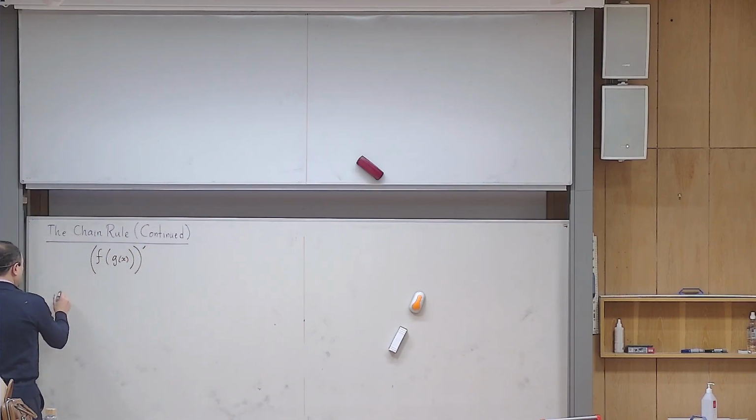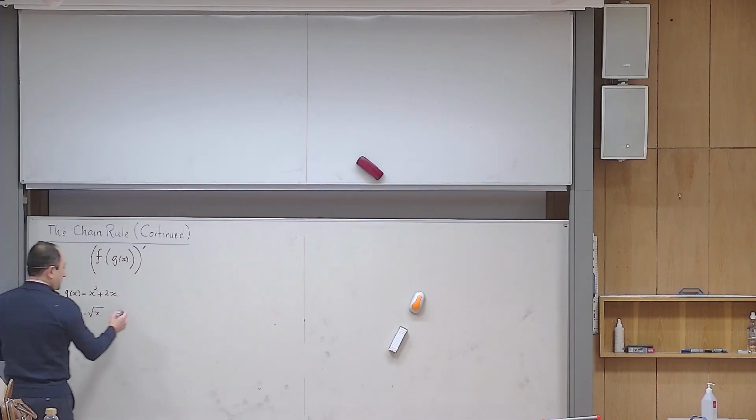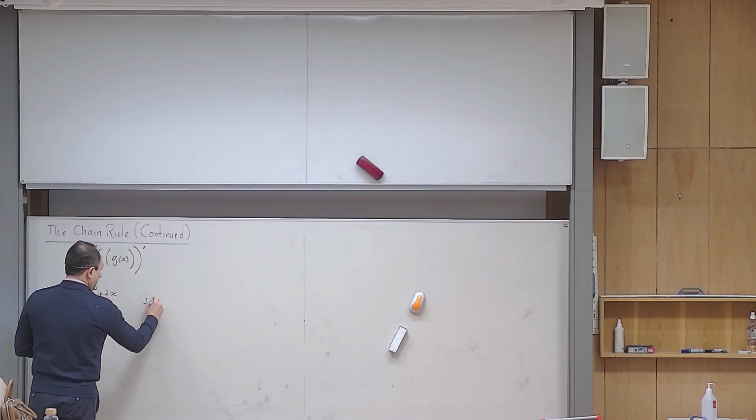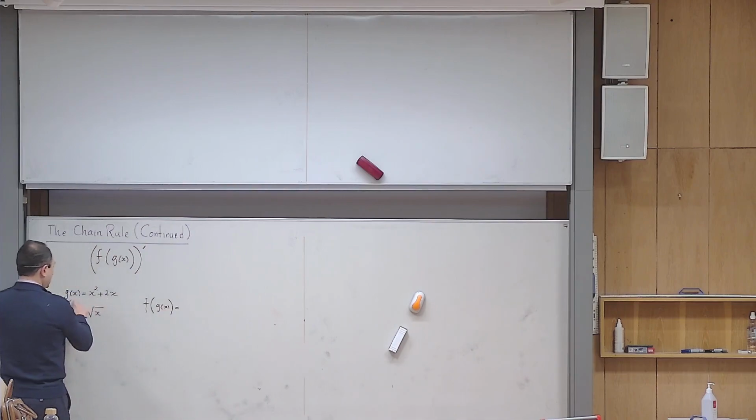For example, if I have g of x equals x squared plus 2x, and f of x equals the square root of x, f after g means which function? F after g means first g applies to x, which will give me x squared plus 2x.